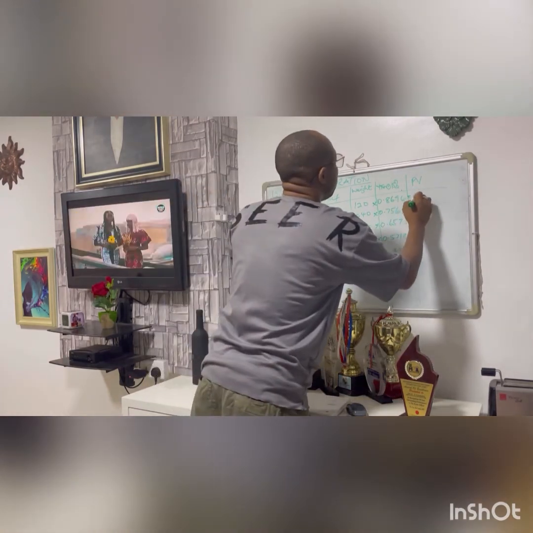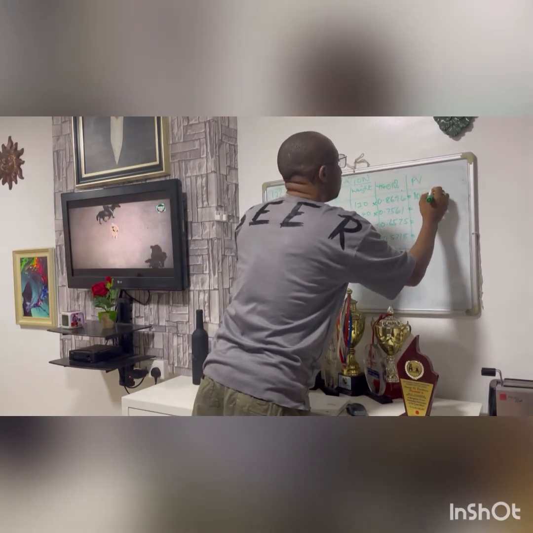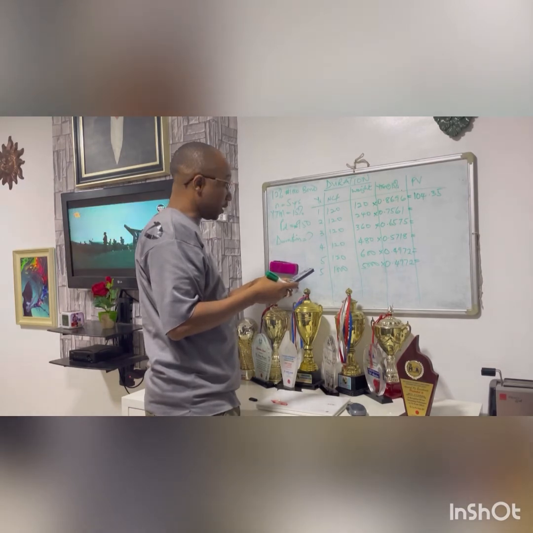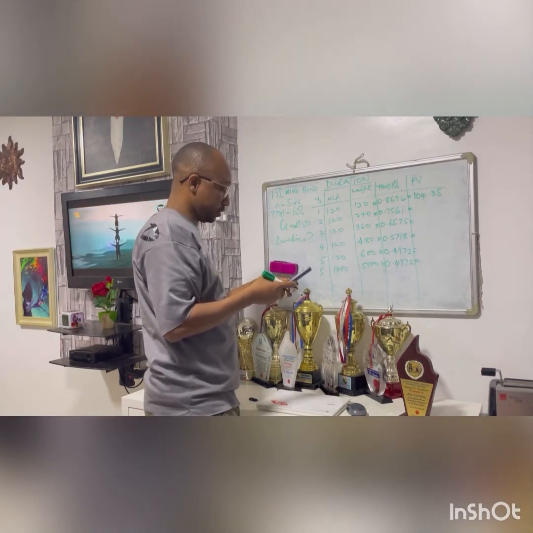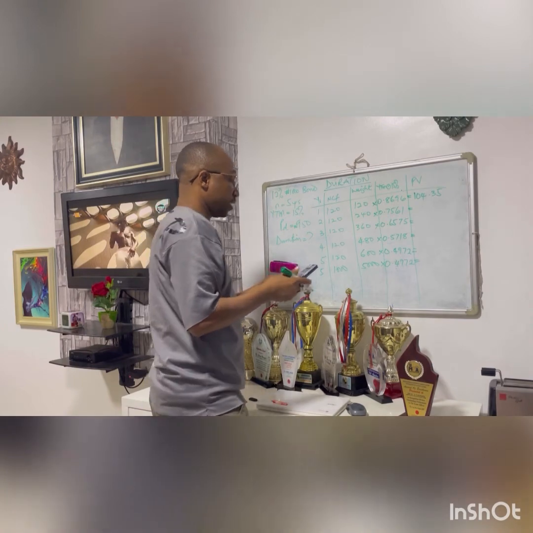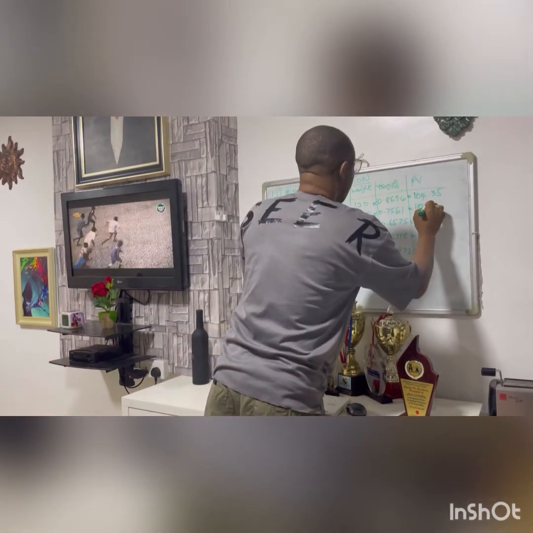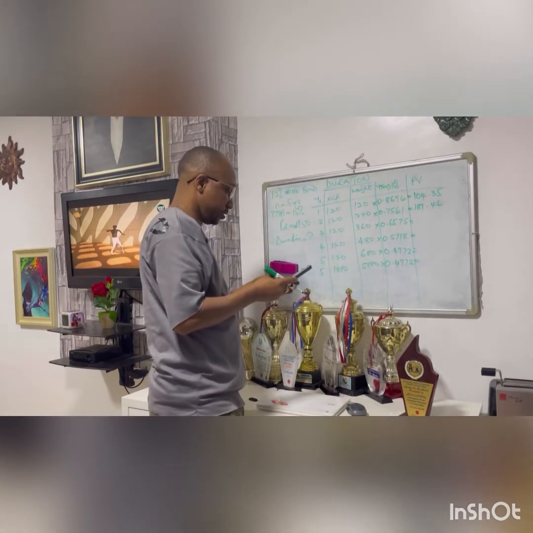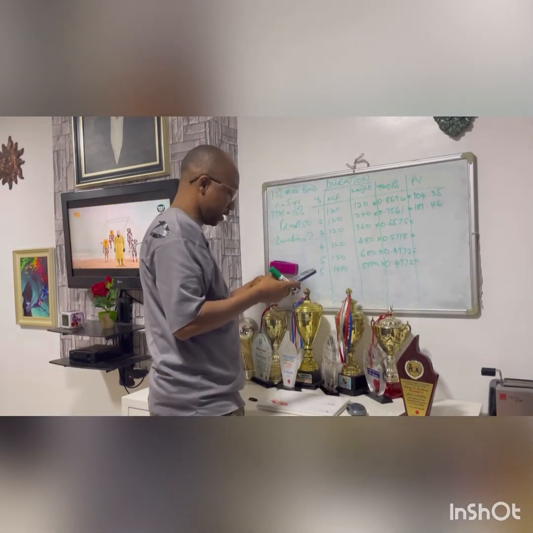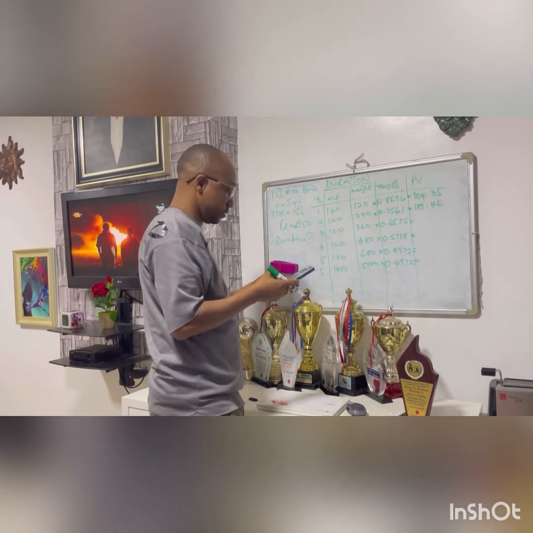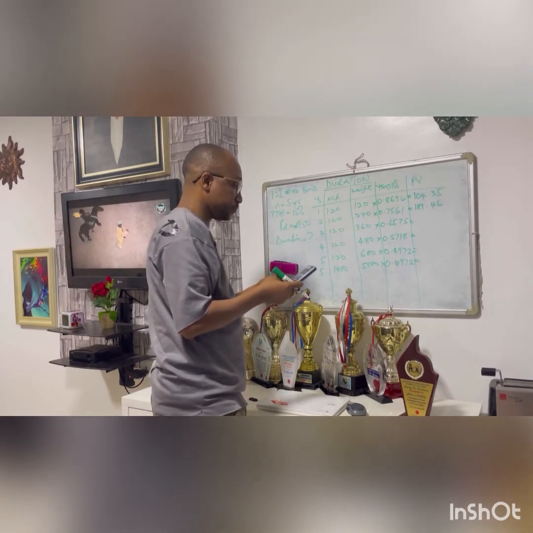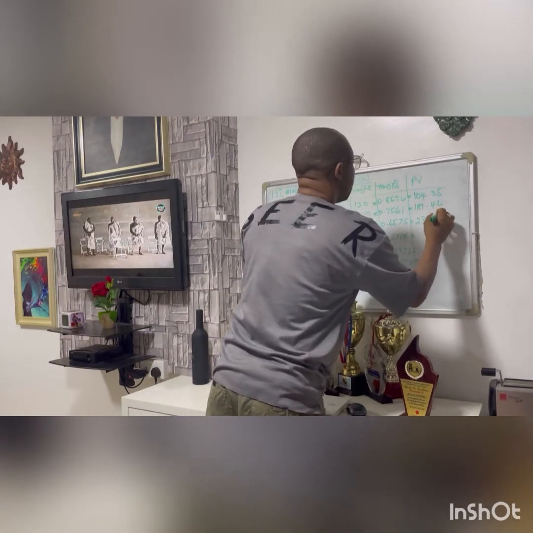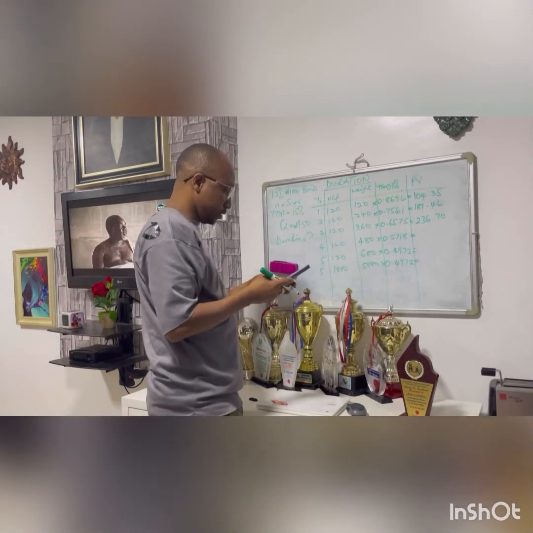That gives me 104.35. I have 240 multiplied by 0.7561. That gives me 181.46. I have 360 multiplied by 0.6575. Gives me 236.70.